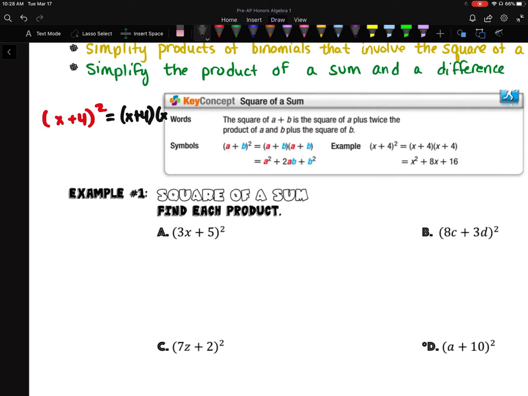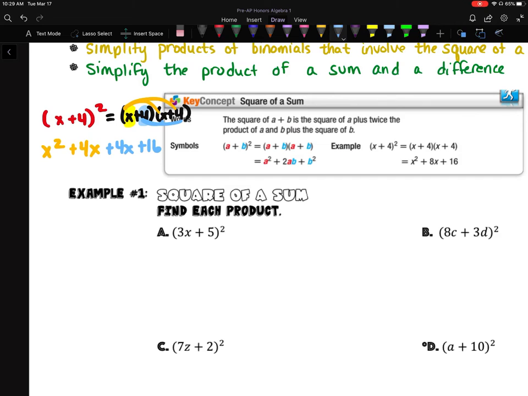If we use the double distributive property, I'm going to take x and distribute it with x. So x times x is x squared. x times 4 is 4x. Then I'm going to take 4 and do the same thing. 4 times x is 4x, and 4 times 4 is 16.